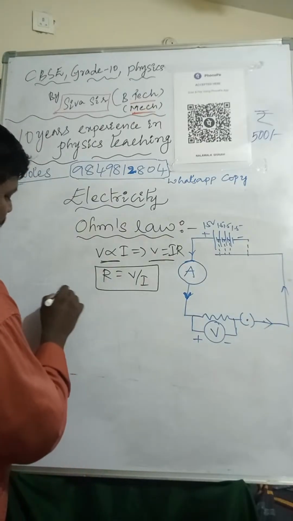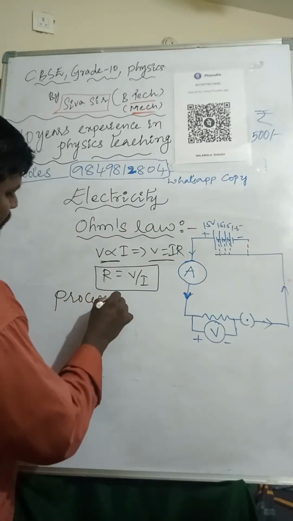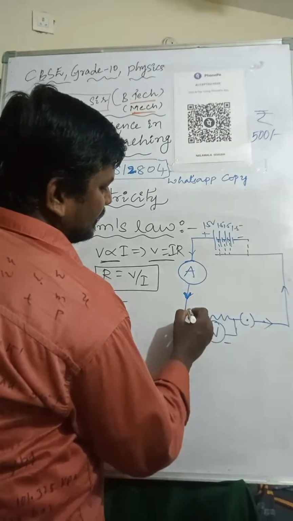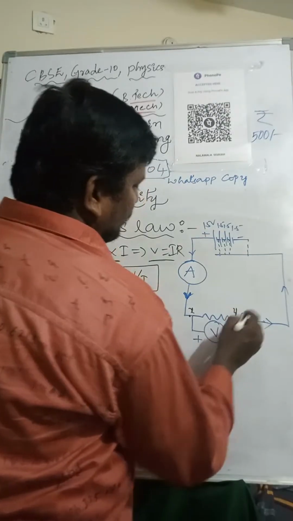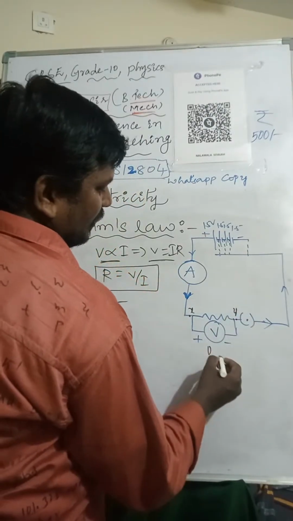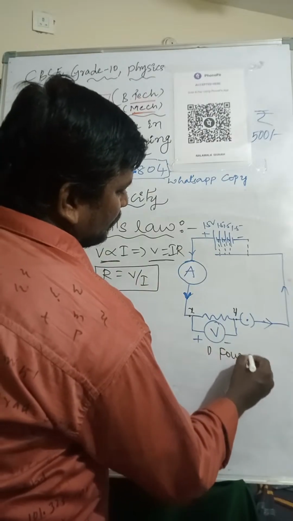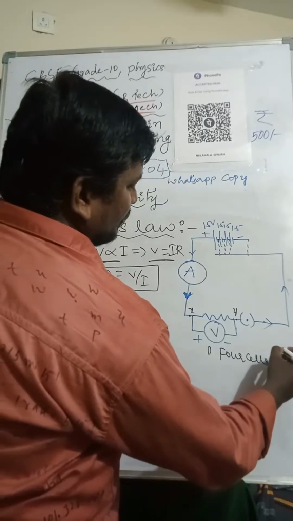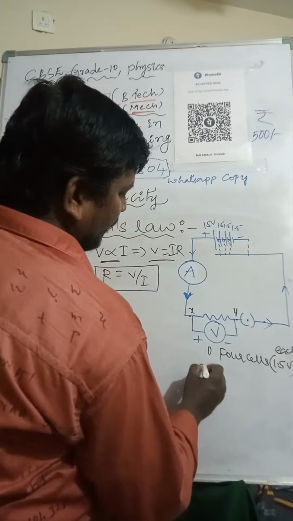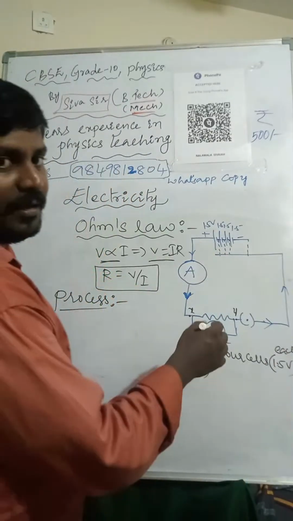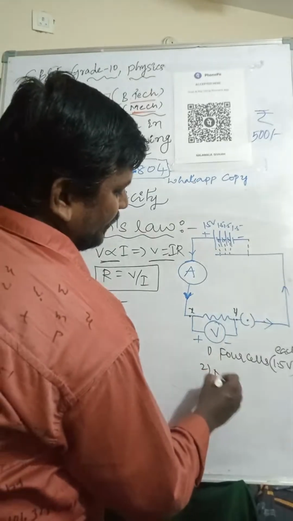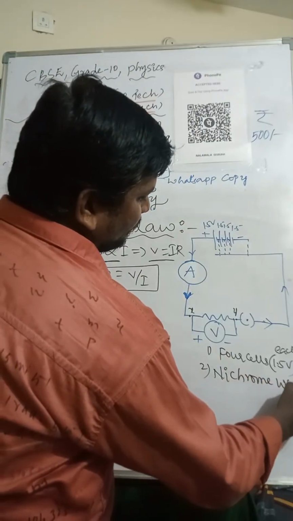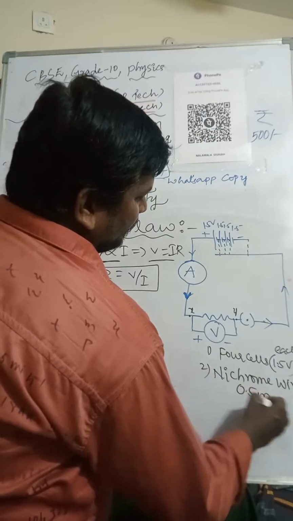So what are the materials? Here this is the resistor, I am considering here X and here Y. First one is 4 cells of 1.5 volts each. Second one, nichrome wire of length 0.5 meter.